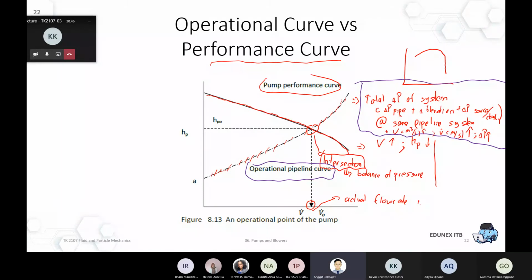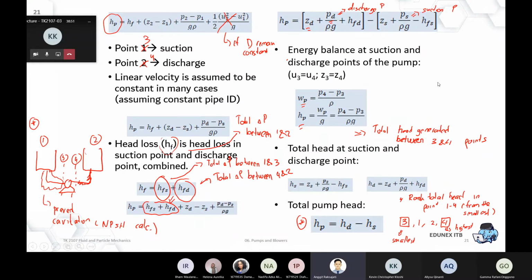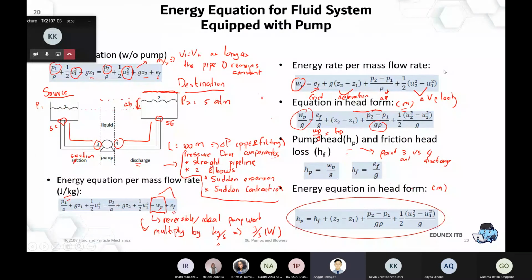Go back to the energy equation. All of this part is the operational pipeline curve.